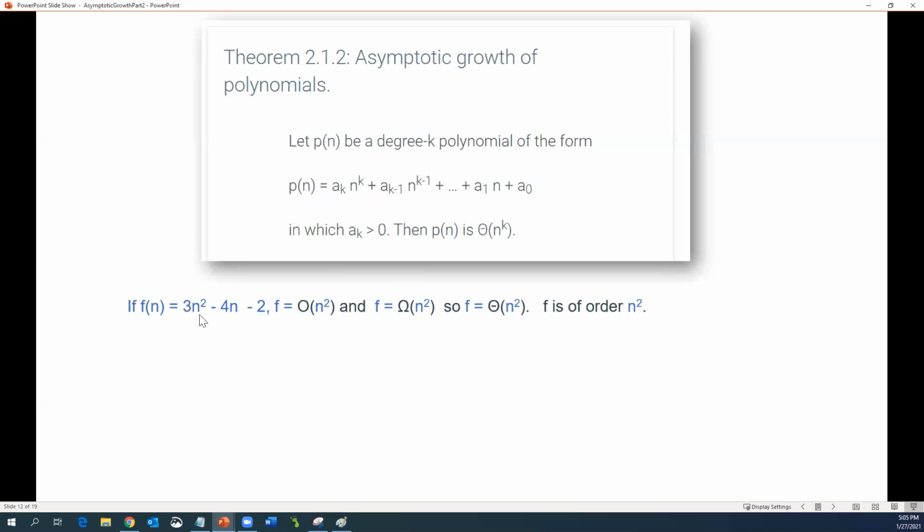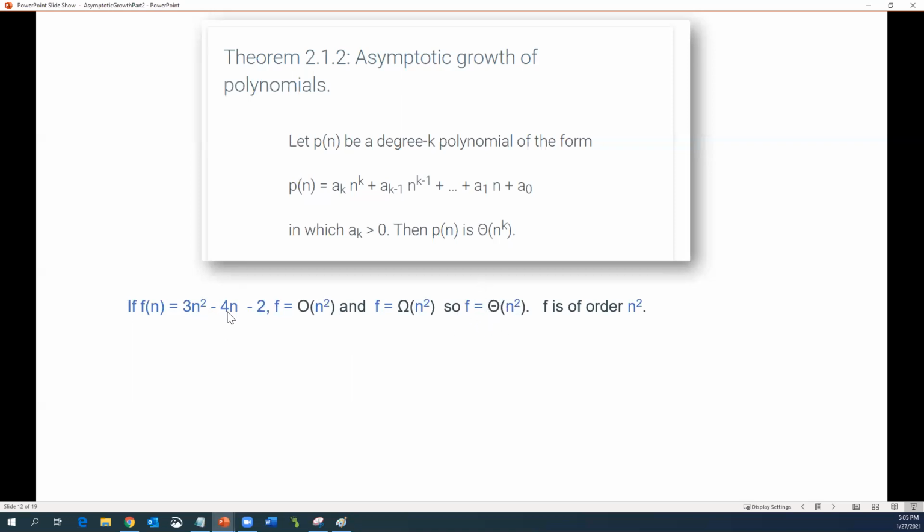Here's a function. If the highest degree is 2, we know that f is O of n squared, but we also know that f is omega of n squared. So by definition, f is also theta of n squared.